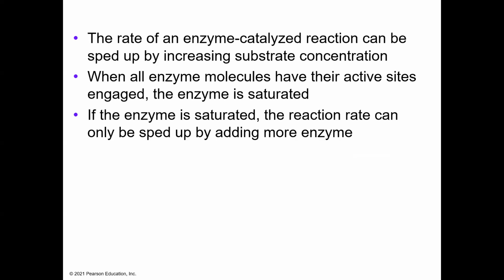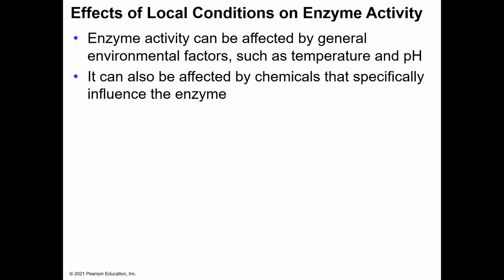Enzymes will do what they are designed to do to speed up and act as catalysts for these reactions. If the enzyme is saturated, meaning that it has enough substrate, the reaction can only be sped up by adding more enzyme to the area.